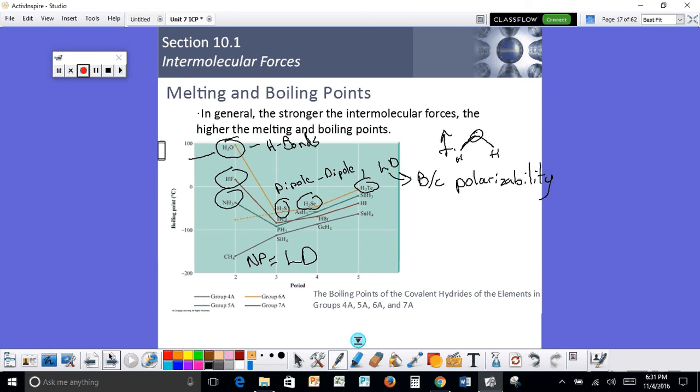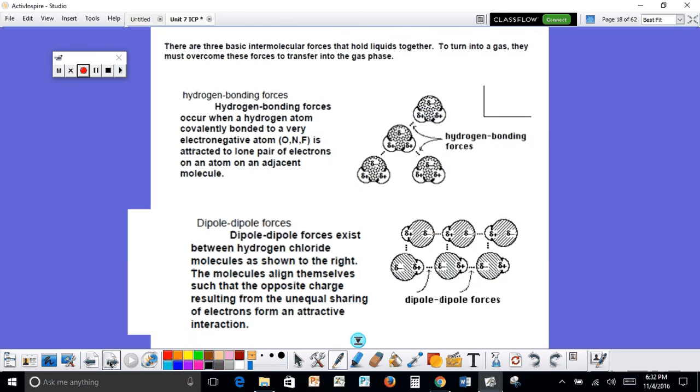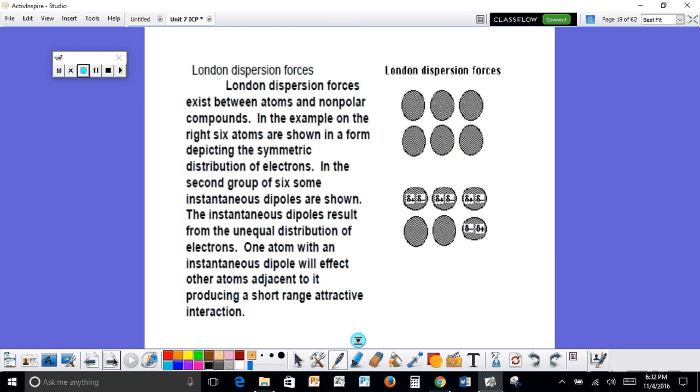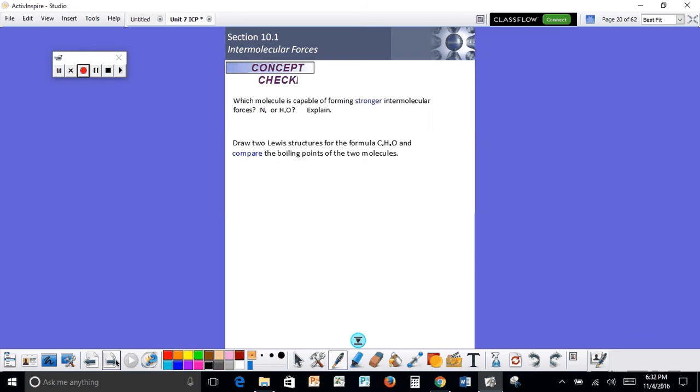So let's go ahead and move forward and talk about a couple of things. These next two slides are just information for you to be able to read on your own. If you go in the in-class problems, spend some time with that. These are coming from the Pogils. It's just a description of each of the types of intermolecular forces. And again, you can read those on your own. Now, let's go ahead and look at some problems like we would do with this type of material.